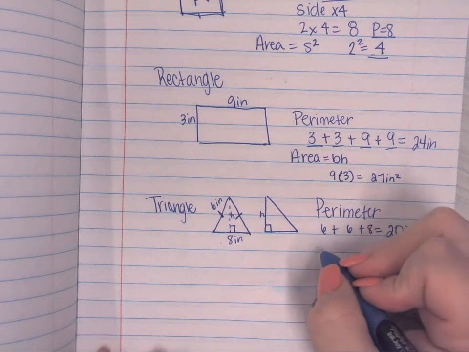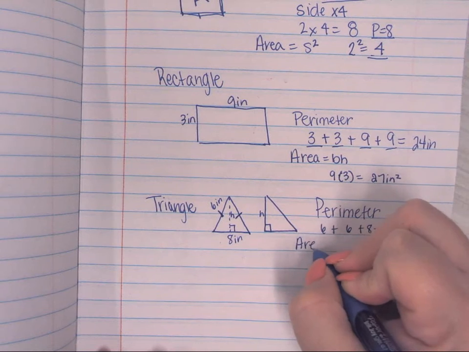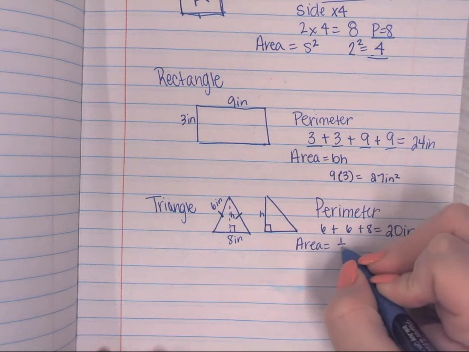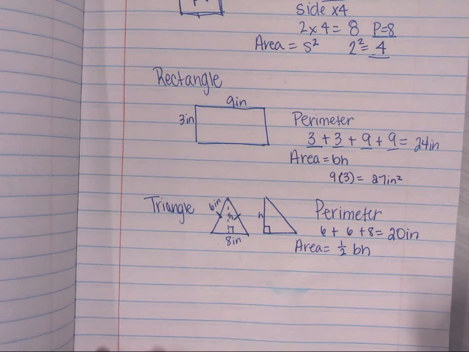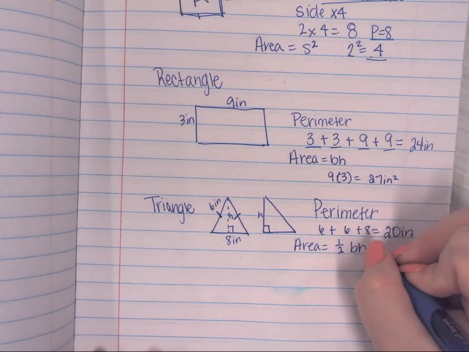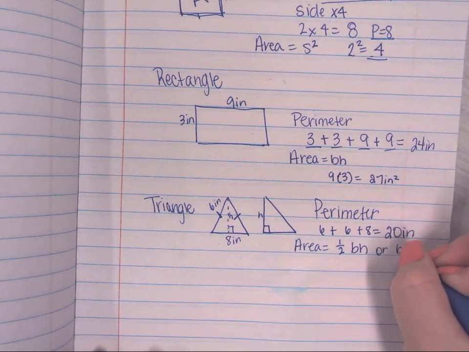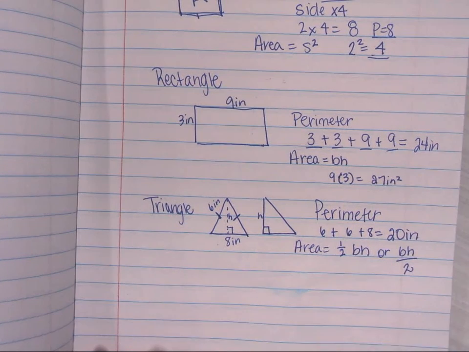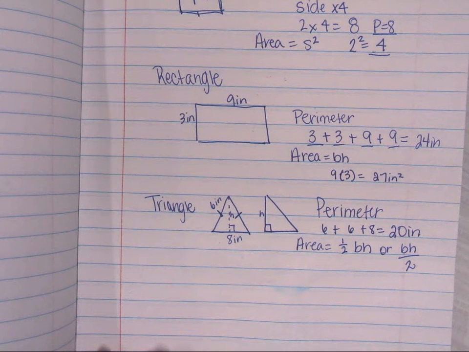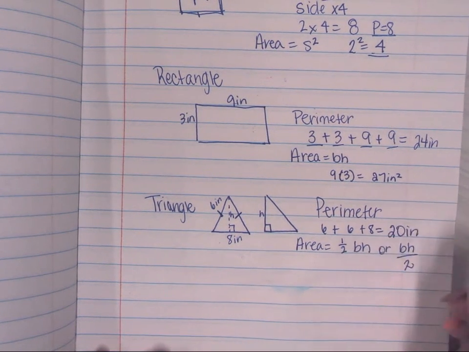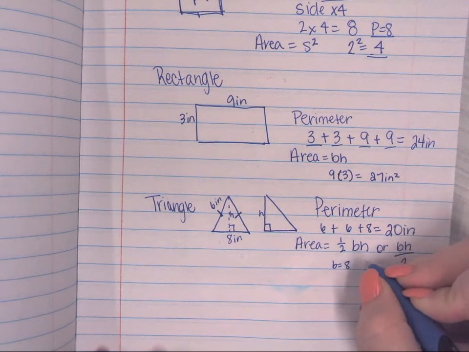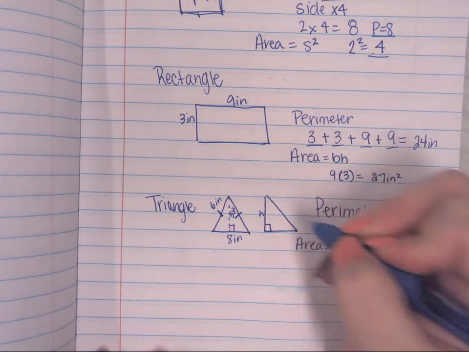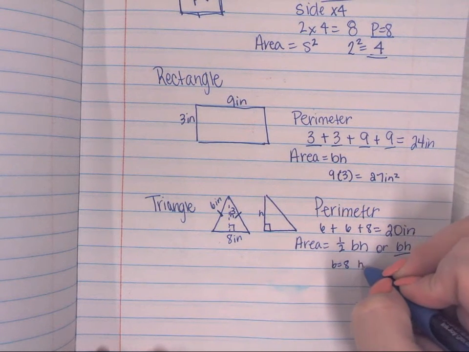Okay. And then the area of a triangle is 1/2 of the base times the height. Or it means the same as base times height divided by 2. So my base is 8, and then my height is going to be 3.